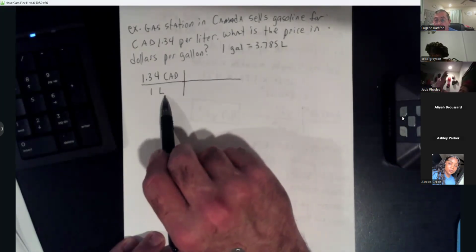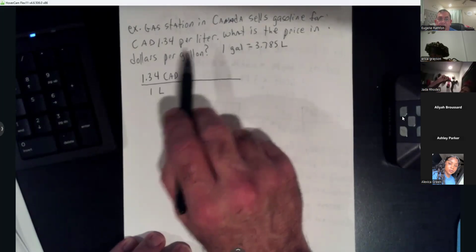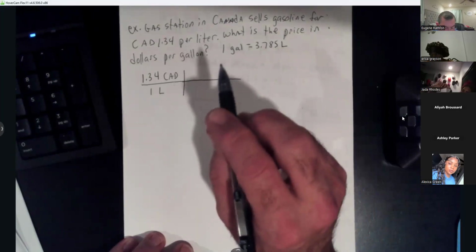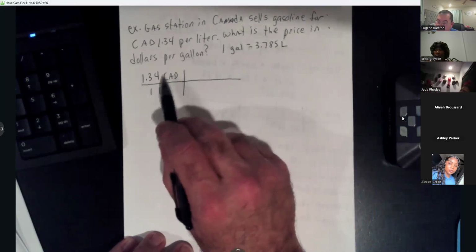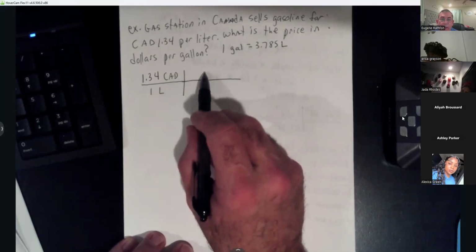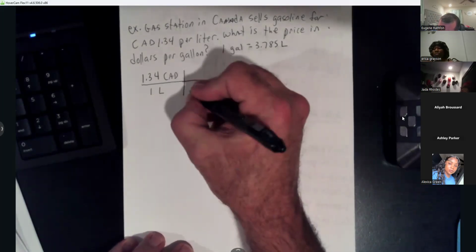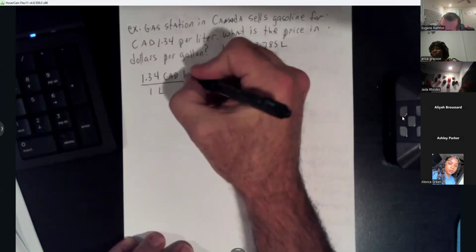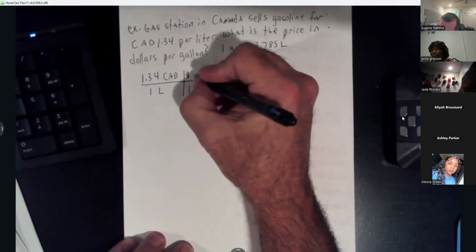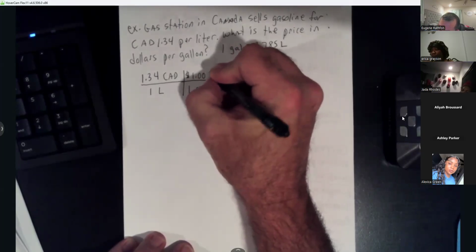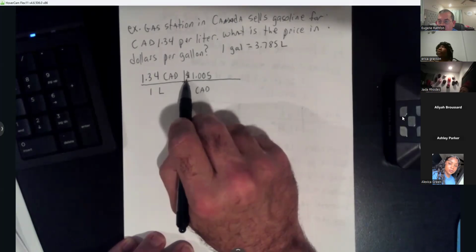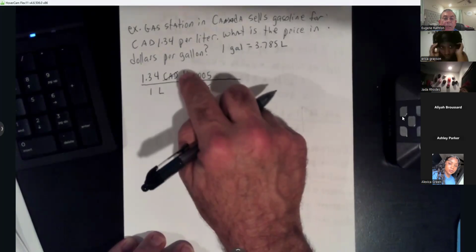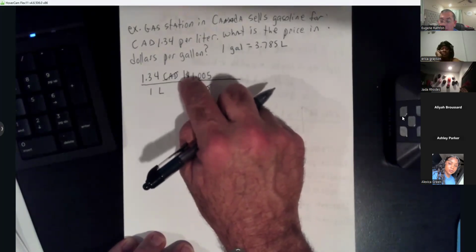I got to convert from liters into gallons because they want this answer in dollars per gallon. So the first thing I'll do, I'm going to convert this Canadian dollars into US dollars. While ago, we said that for every 1 Canadian dollar, that was worth 1.005 US dollars. So that cancels out the Canadian dollars and leaves me in American dollars.